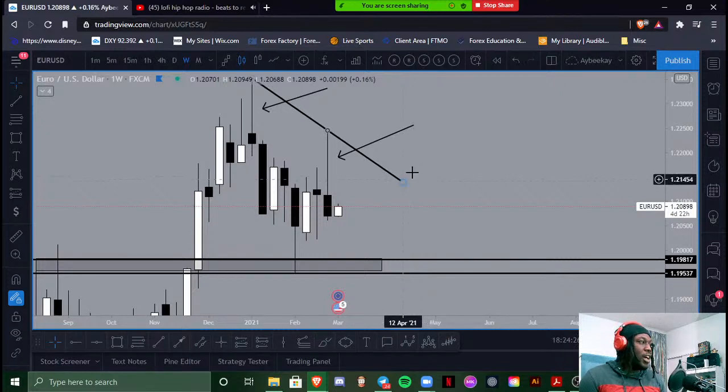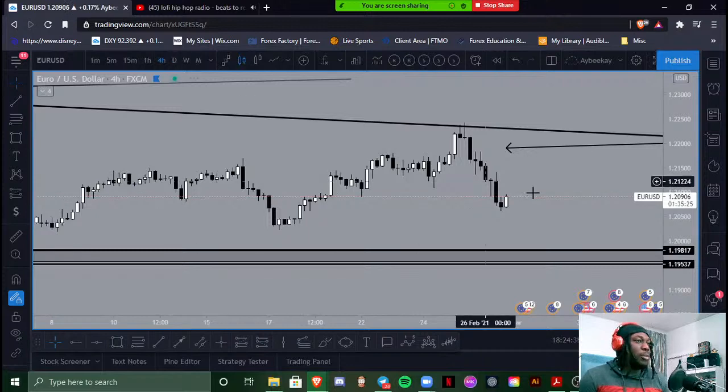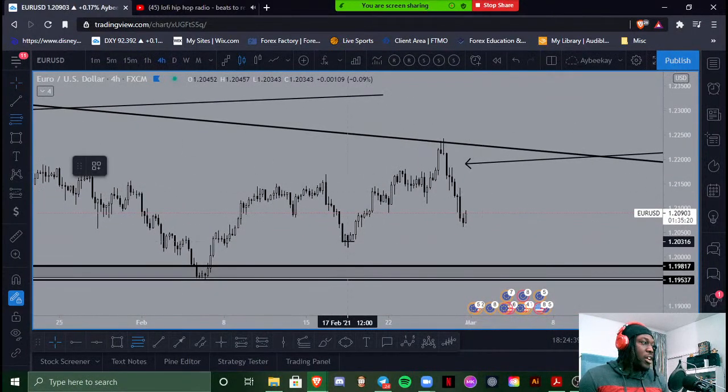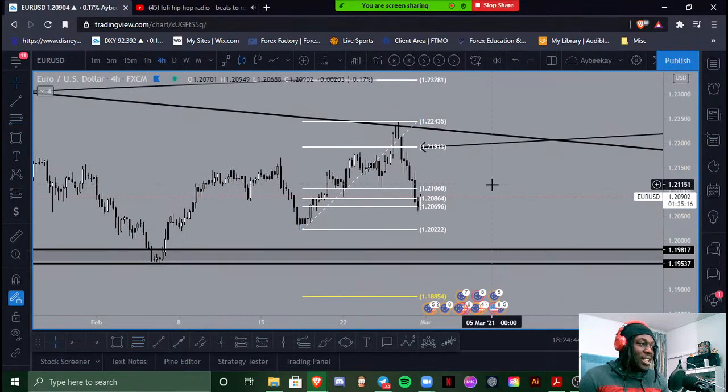But until then, guys, it's basically the opposite of what I'm seeing with the DXY. I don't want to get too deep into it. I don't see any potential entries for me personally, because at this point in time, I do see right here with this bullish move to the upside, I see this holding.